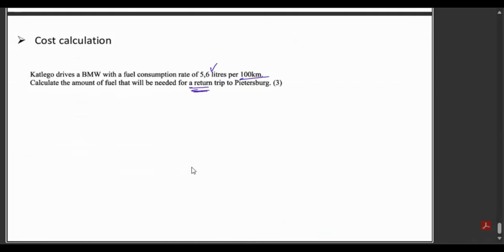Imagine you have covered a distance of 800 kilometers. If they say return, you will say times 2. Why? Because the distance was just going, so you need to return. So 800 times 2, we have 1,600 kilometers.